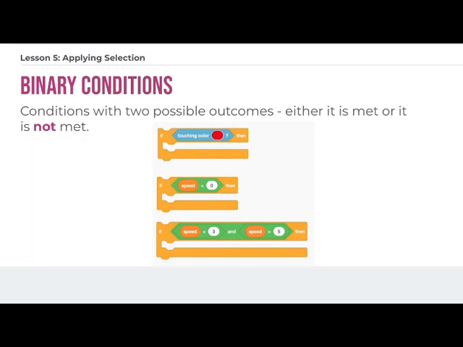So no matter how complex a condition you set up, for example, this one requires that the speed be less than 3 and greater than 5, unless there's a decimal value involved, and no matter how many nested operators within nested operators you've got, it's still going to boil down to true or false.